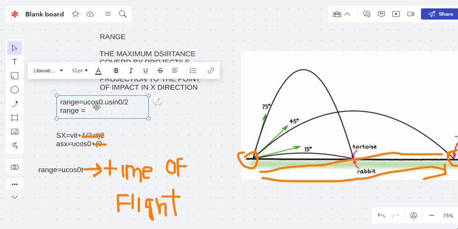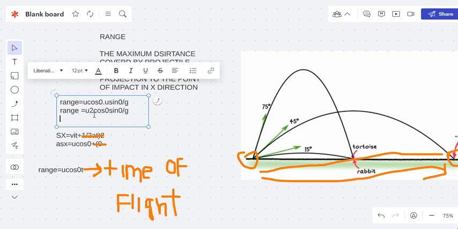Now we know that when u multiplies with this u, it will be something like this: u square, then cos theta, sin theta, and then again I'm going to write here, not 2, it's g. Erase this factor here, it's g. 2u square cos theta sin theta divided by again g.